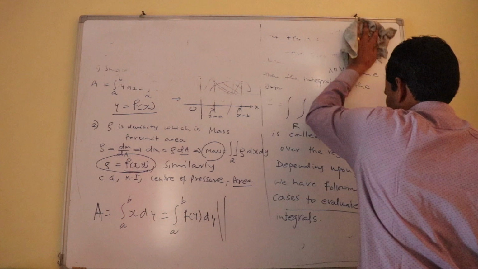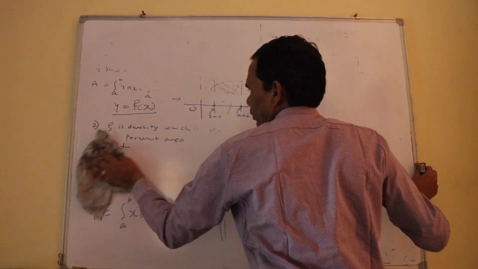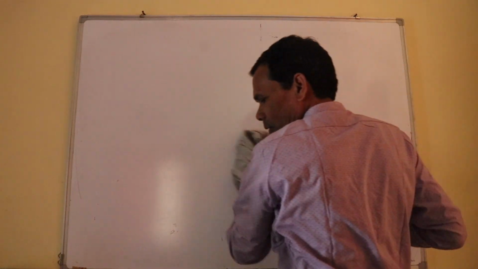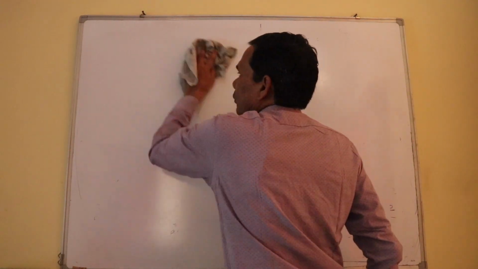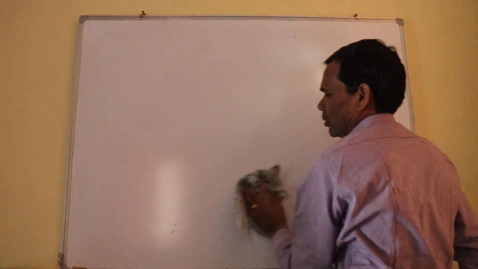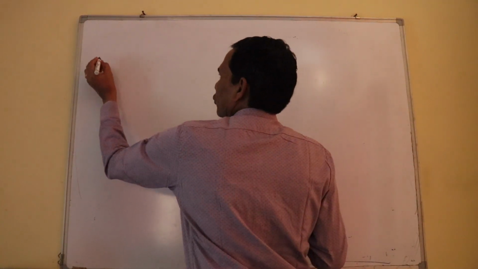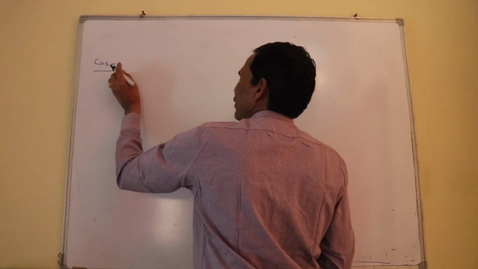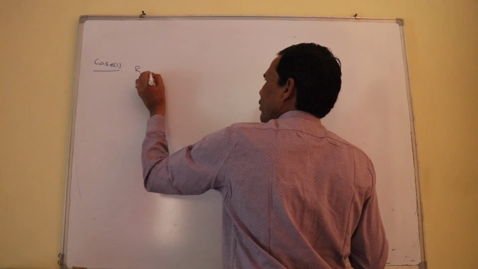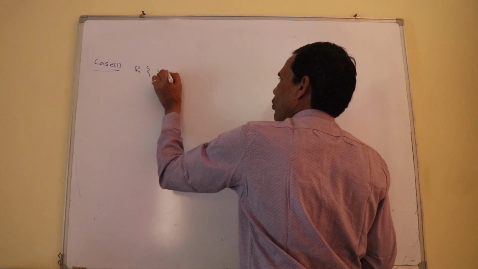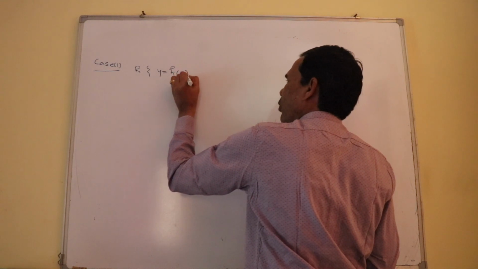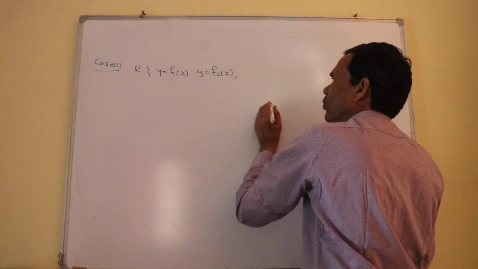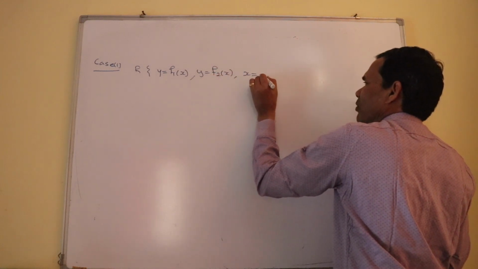Case number one is something like this. You have this region R, where y has variable boundaries: y is equal to f1 of x, y is equal to f2 of x, and x is equal to a, x is equal to b.